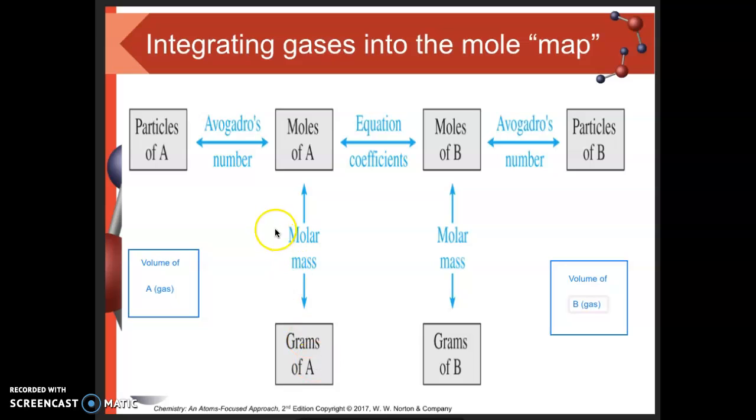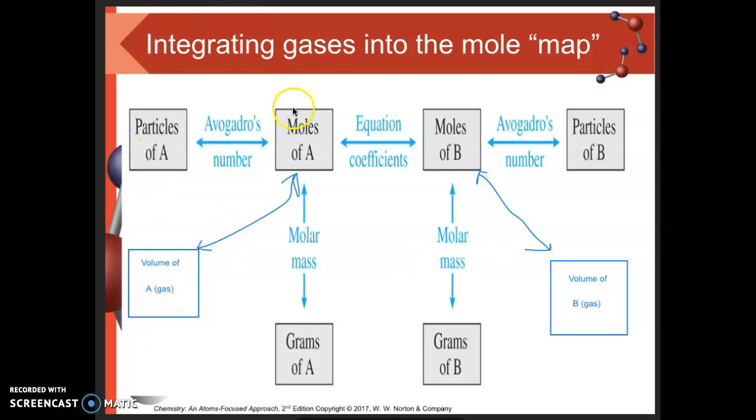Well, now that we have the ideal gas law to draw upon, this is not actually as difficult of a calculation step as one might think.